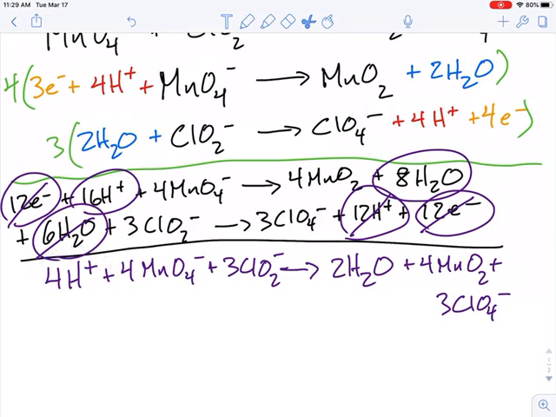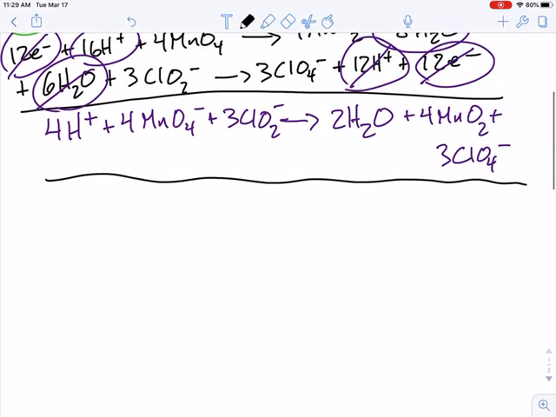So currently, this is my reaction here in the acidic environment. Okay, so I'm going to copy that, and I'll just draw a line. If I was doing this in a basic environment, this is what I would do.